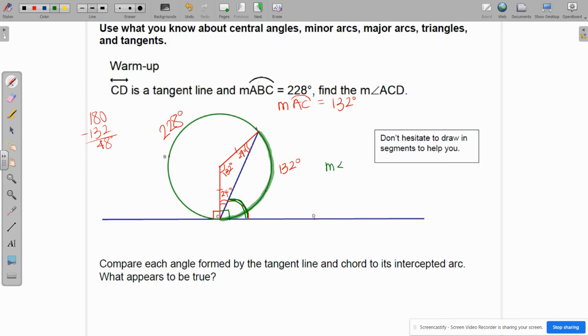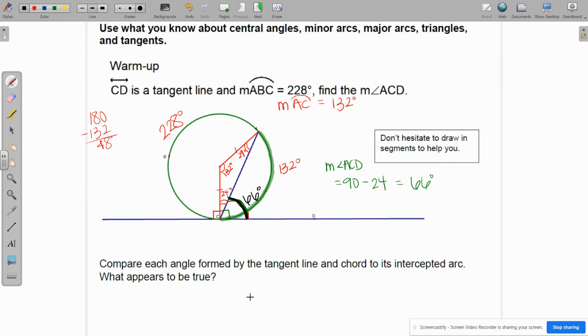So if I'm looking for the measure of angle ACD, I can just take 90 and subtract 24 degrees, which means that the angle is 66 degrees. So this angle right here, let me make it dark so you can see exactly which angle I'm talking about, is 66 degrees. So angle ACD.